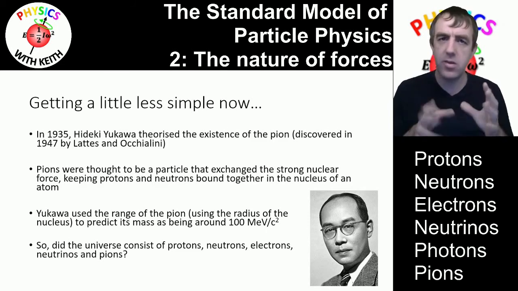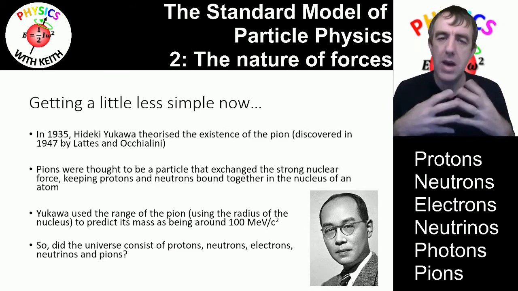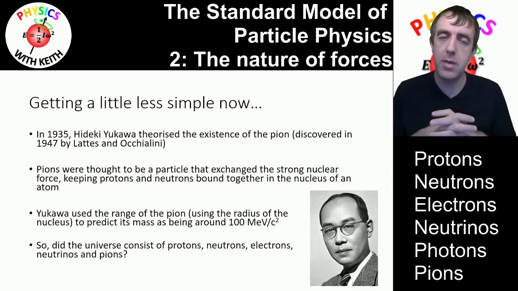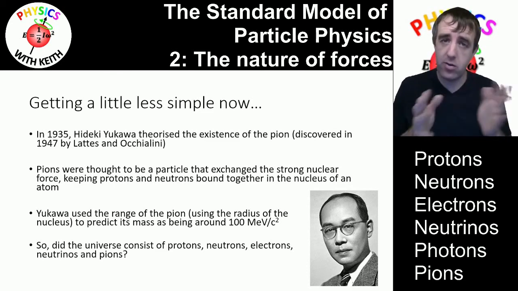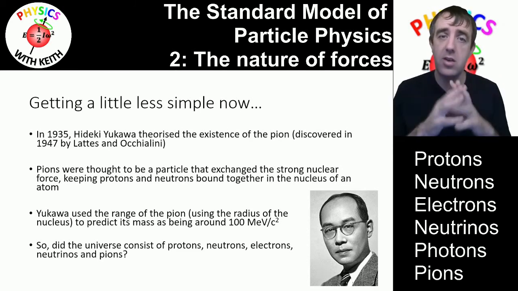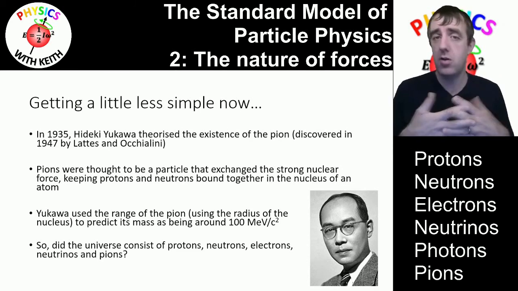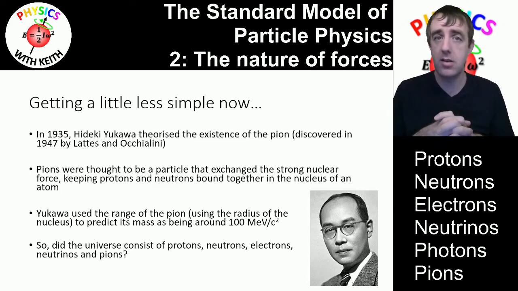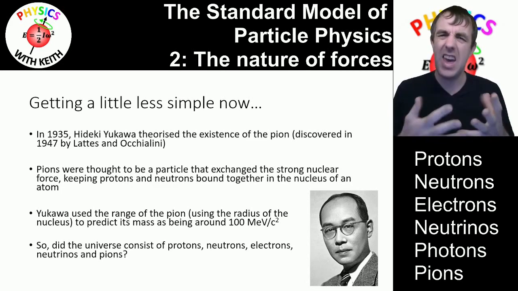For some reason, they don't exchange pions. The mass of the pion was estimated based on the range of the strong nuclear force. The pion has to survive long enough to exchange that force, but the pion cannot travel faster than the speed of light. So that means the pion must decay over time.